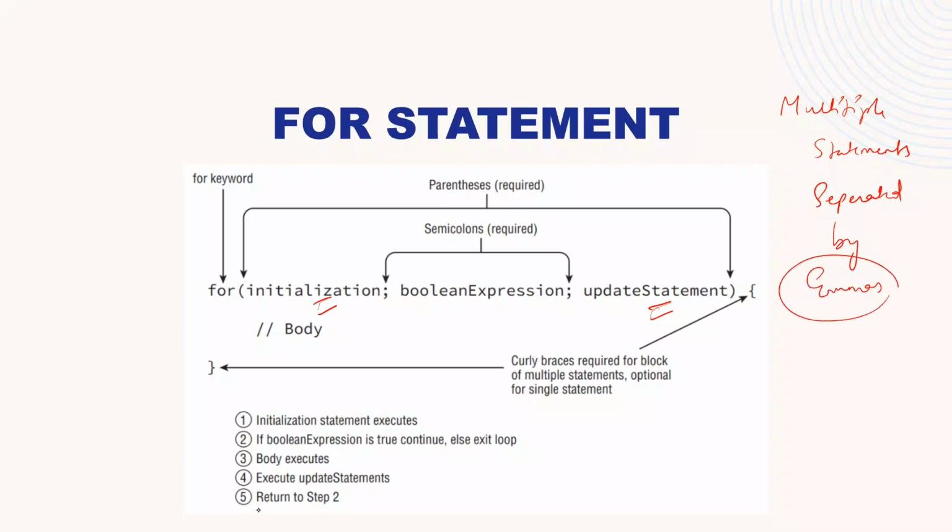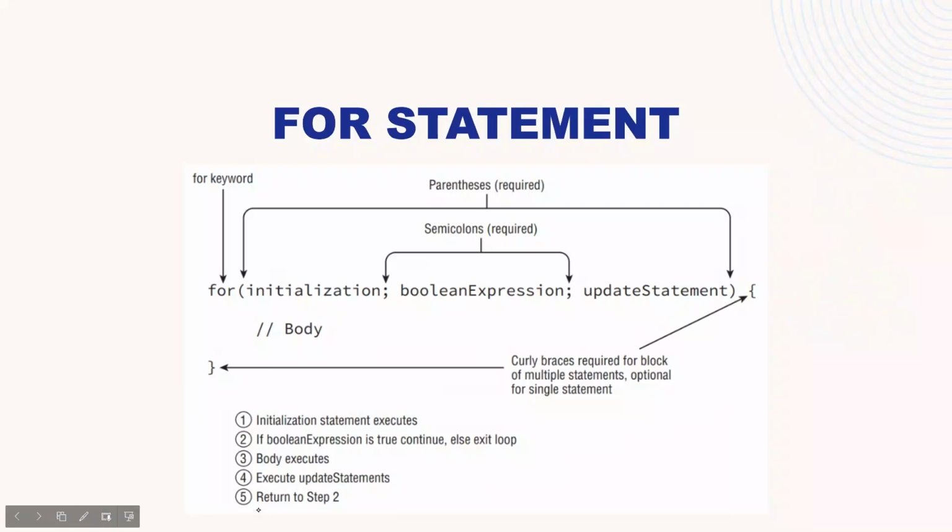What I mean is, you can have multiple initialization variables separated by commas, and you can also have multiple updation statements, like i++, j++. We are going to see an example right now, so don't worry about that. I just wanted to point out that important fact in this slide.